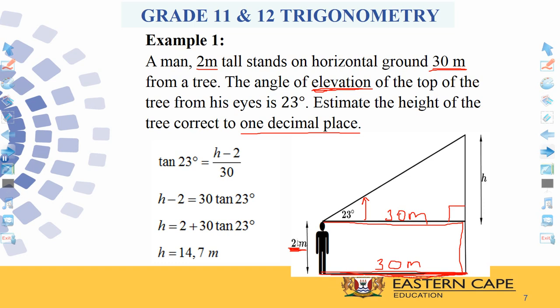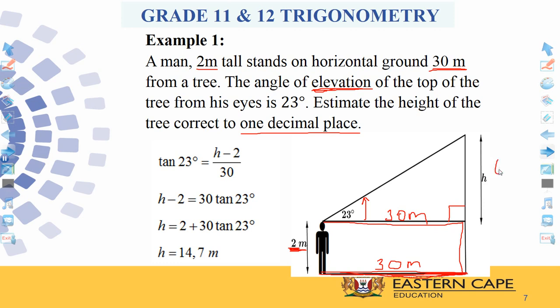Which is very important for you to understand. Right. Then now, it means you go back to right-angled triangles. What did we say about right-angled triangles? Now you've got this triangle with angle 23 degrees and the adjacent side is 30 meters. And you are looking for the height.